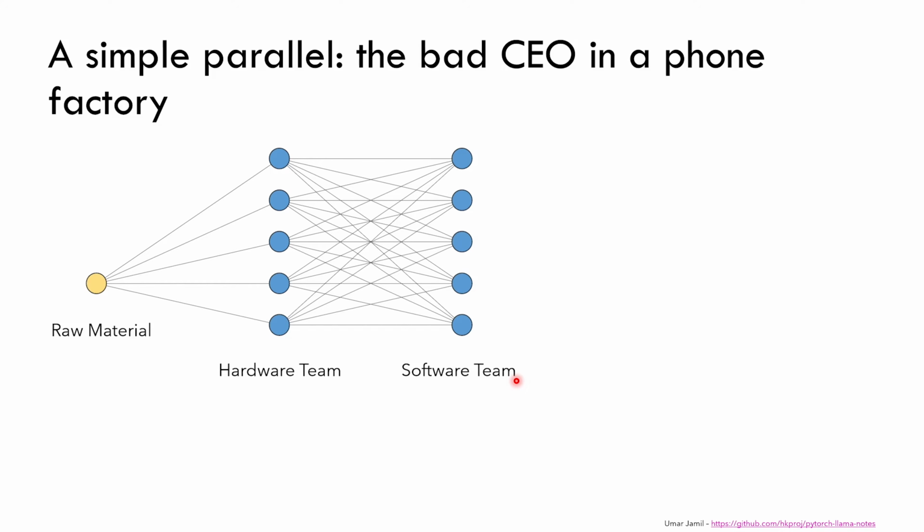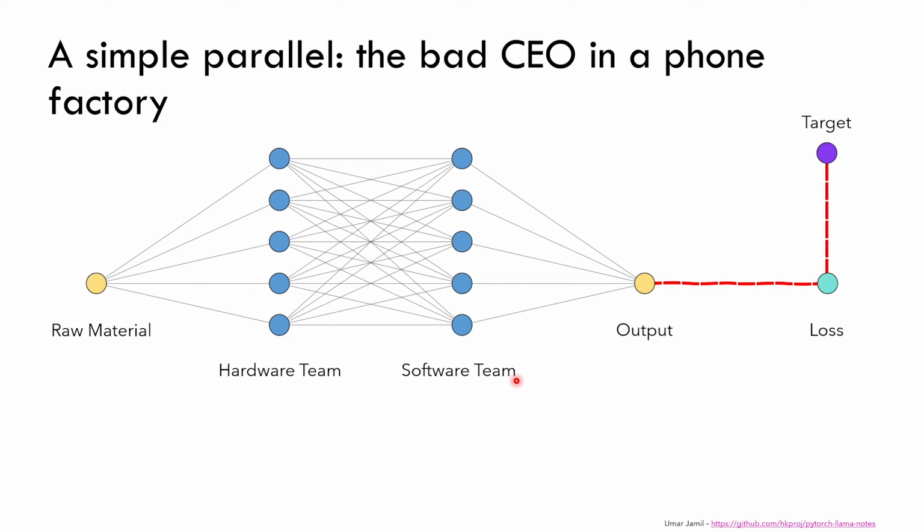So the output of the software team will be much different compared to what they previously output. And maybe it will be even further from the target because the software team was not ready to make all these adjustments. Maybe they wasted a lot of time and resources, so they could not even get closer to the target. So this time maybe the loss is even higher.